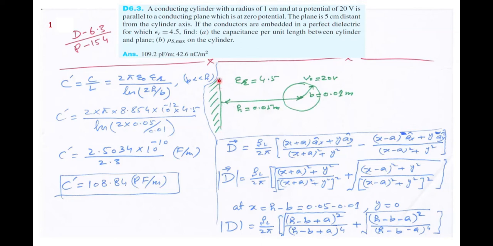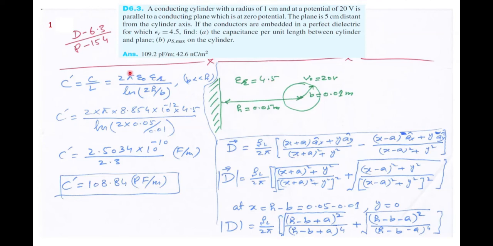The conducting sheet is located at x equal to 0, having 0 potential. The distance between the cylindrical axis and the conducting plane is 0.05 meter. The relative permittivity of the dielectric material in which the cylinder and the conducting sheet are embedded is equal to 4.5.